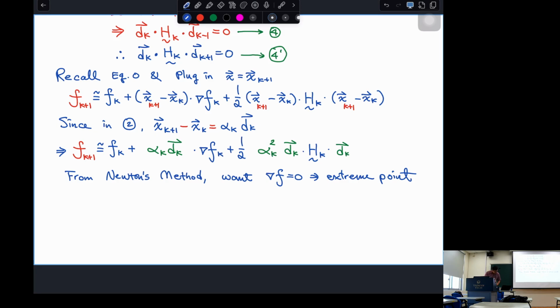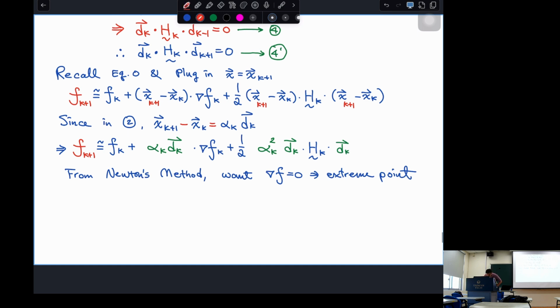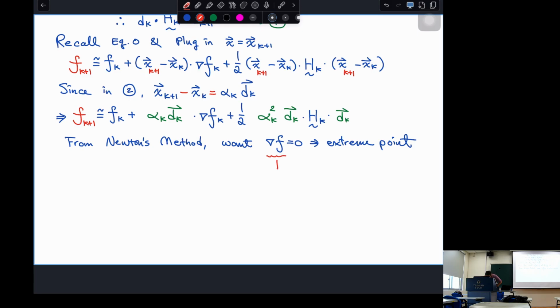But this gradient has to be partial derivatives with respect to all variables.